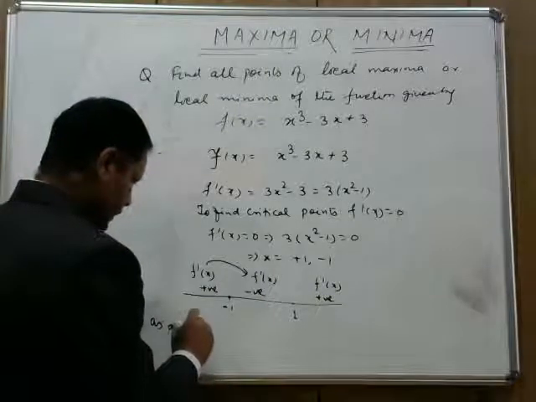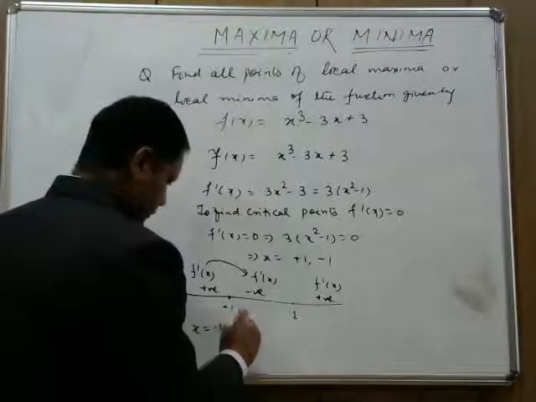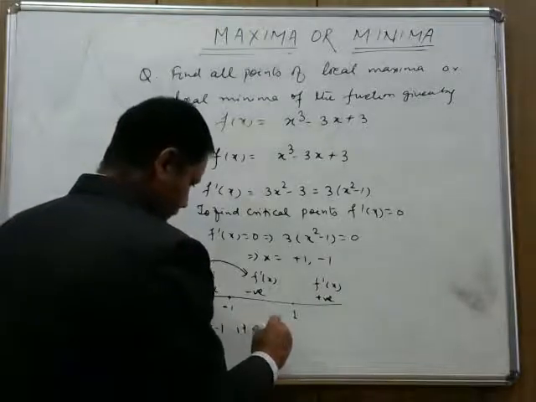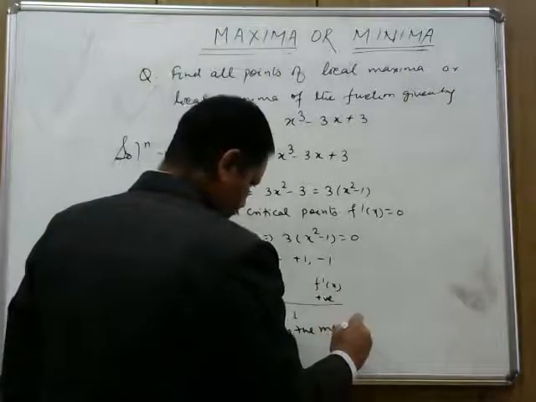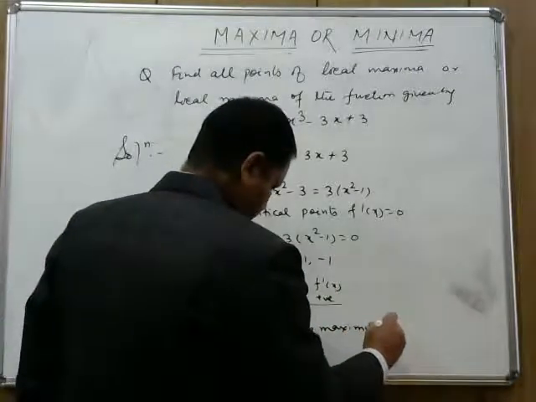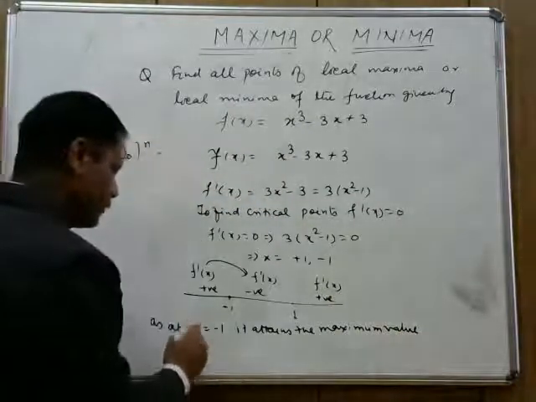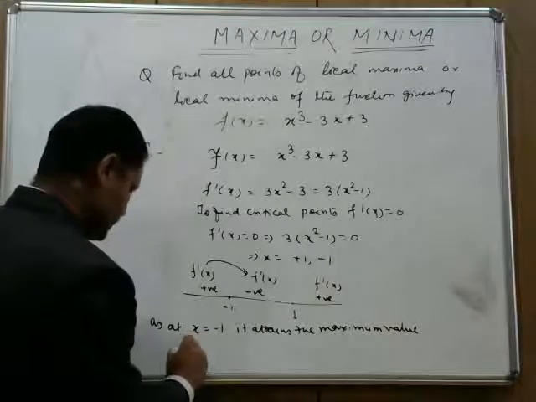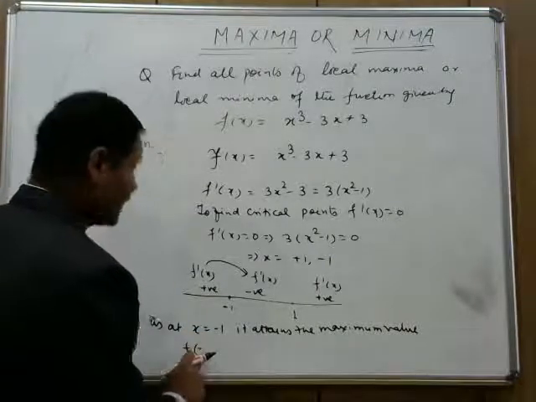Therefore, at x is equal to -1, it attains the maximum value, and its maximum value will be f of -1. Now you find the value of f of -1, not in f dash of x.